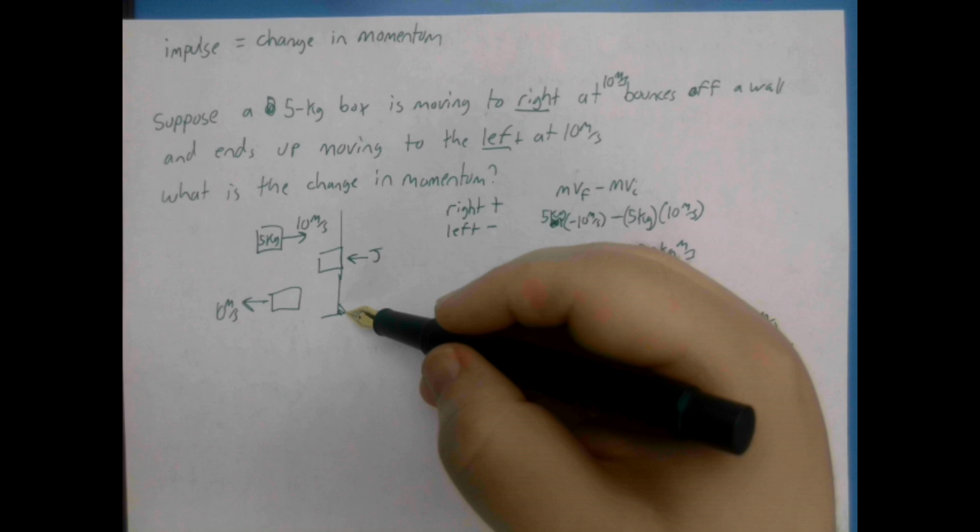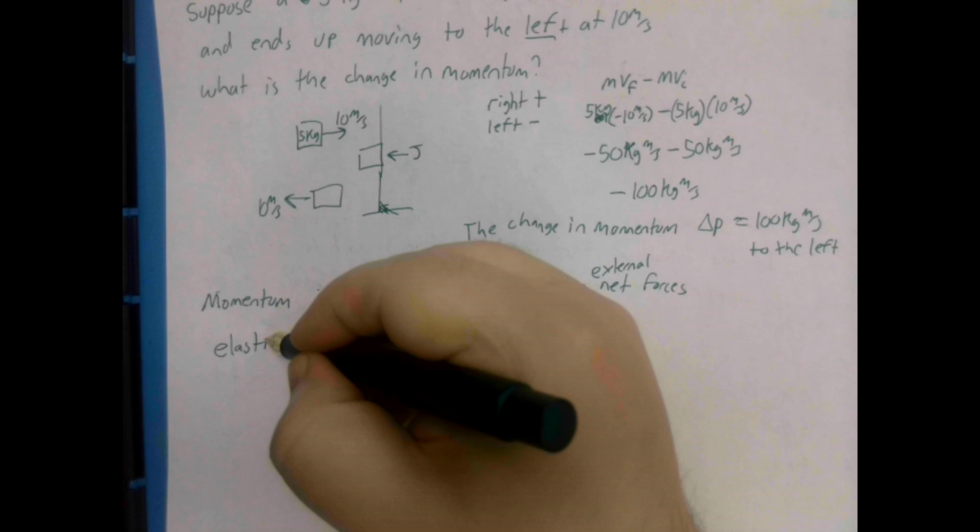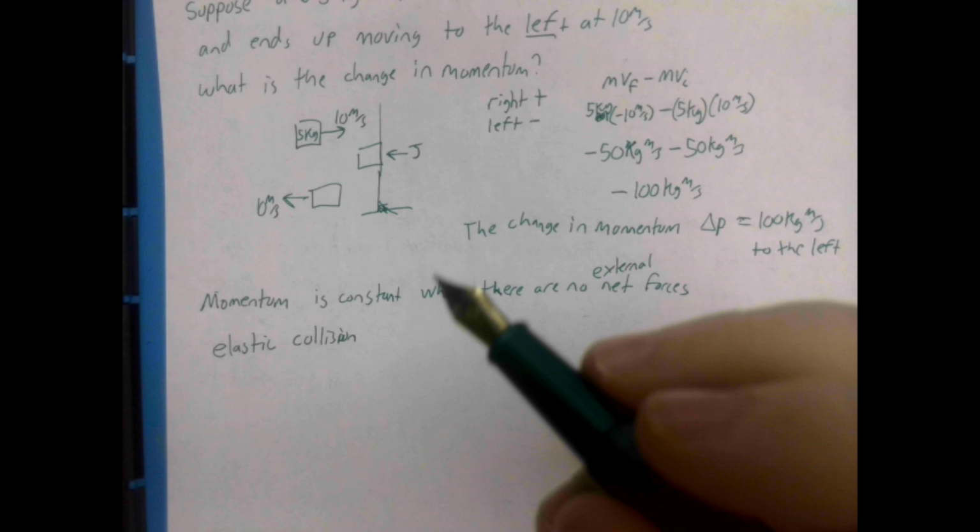In a perfect scenario, or an elastic scenario, meaning that, in an elastic collision, there is no loss of energy, kinetic energy, due to heat. Bounces perfectly reflect momentum back.